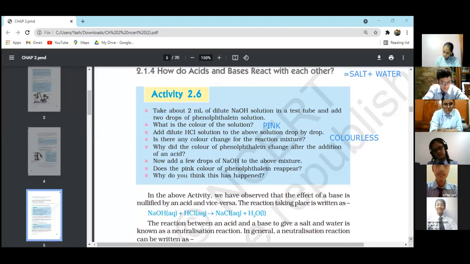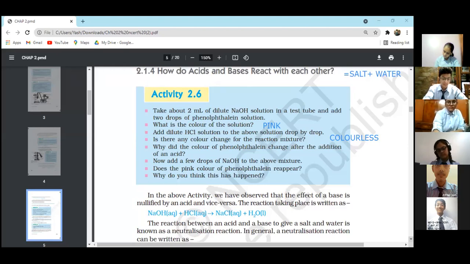Also, phenolphthalein changes its color to colorless when acid is added to it. Okay, beta?